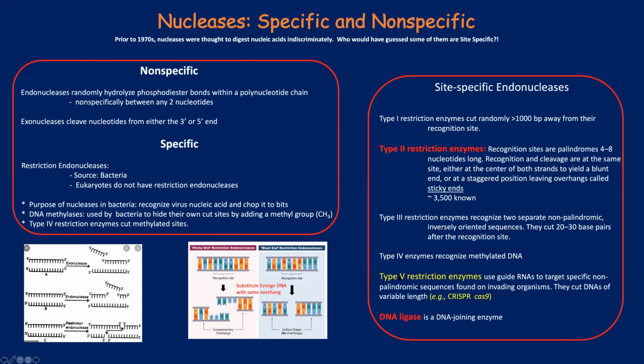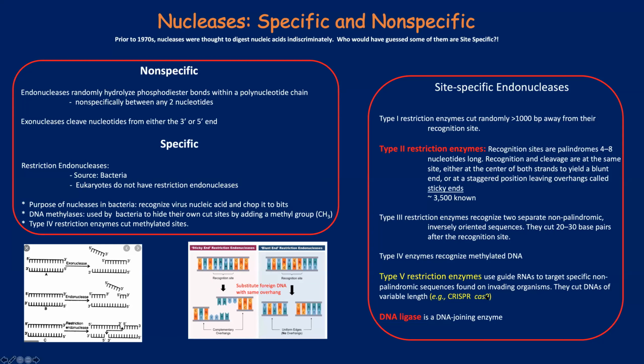And type 5 I've highlighted because type 5 enzymes use guide RNAs to target specific non-palindromic sequences found in invading organisms. So they cut DNAs of variable length.